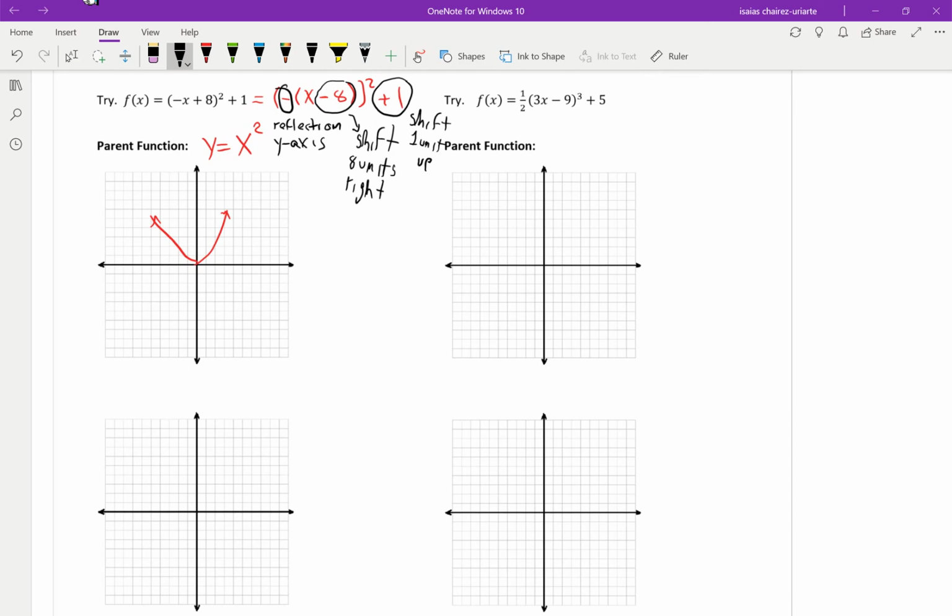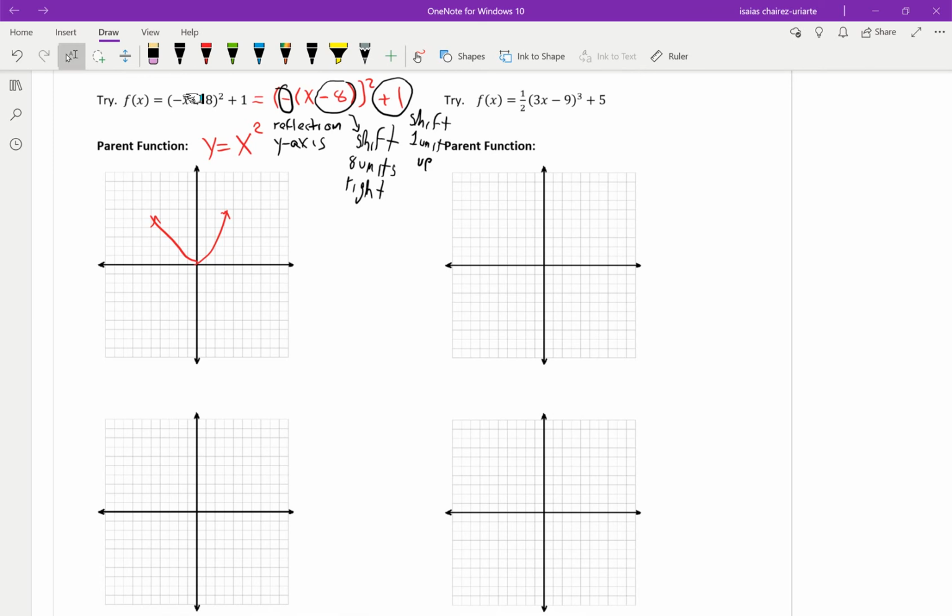Be careful. If you did not factor out that negative from these two terms inside the parentheses, you might have been tempted to say that there was a shift 8 units to the left because it's plus 8. That would have been a big mistake. You would have gotten this problem incorrect on an exam.